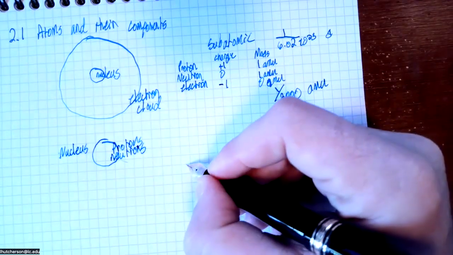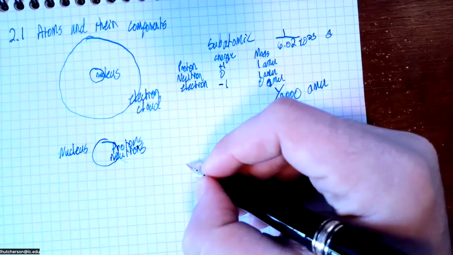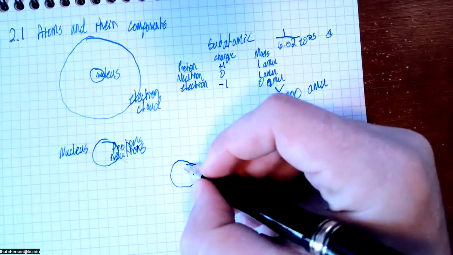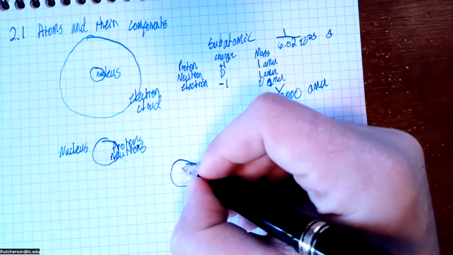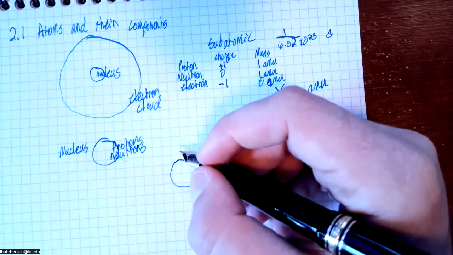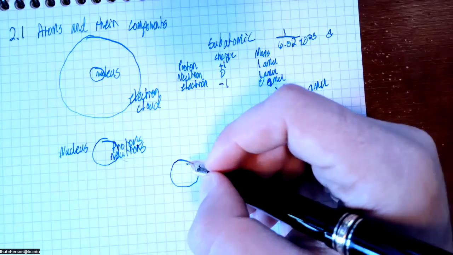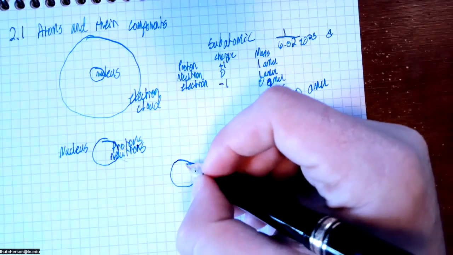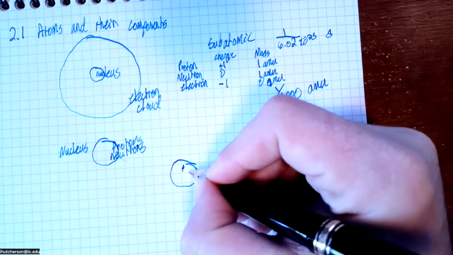All right, if we look at the nucleus, of course, it's going to have some number of protons and typically some number of neutrons in it. Now, it's a section 1.2 topic to talk about what and how many of each are in there. But let's say we have a hypothetical atom where we have 6 protons.